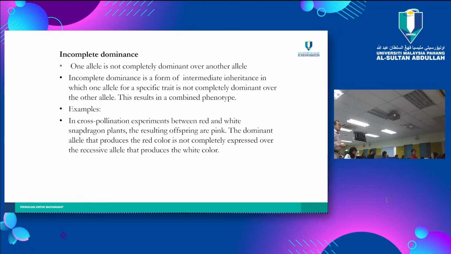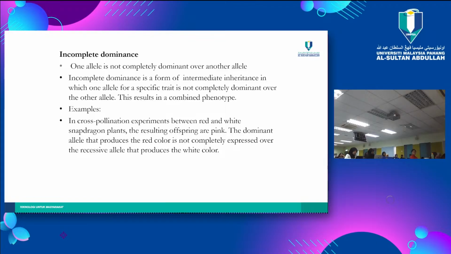So in incomplete dominance, one allele is not completely dominant over the other allele. Let's say the dominant allele gives red color, and the recessive gives white color flowers. When you have the heterozygous, what do we expect in incomplete dominance?